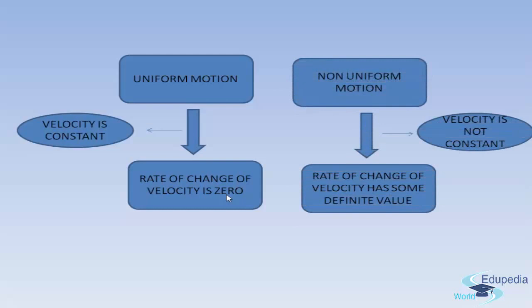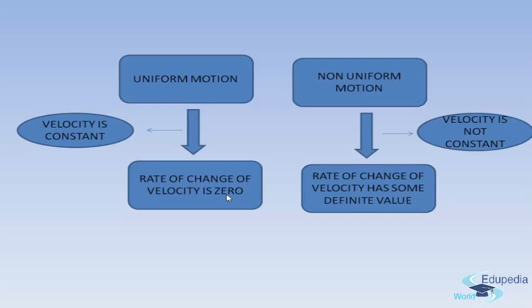Whereas if we talk about non-uniform motion, what is the definition of non-uniform motion? Non-uniform motion means the car is traveling unequal distances in equal intervals of time, right? In this case, why is the car traveling unequal distances? Maybe because the speed is varying. The velocity is not remaining constant during that interval of time.